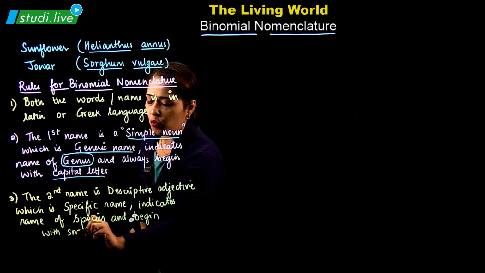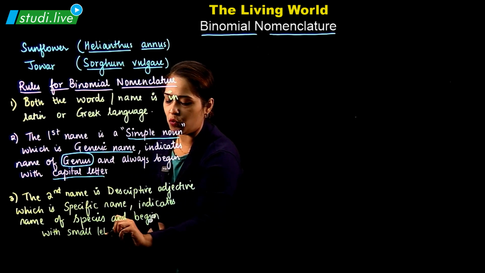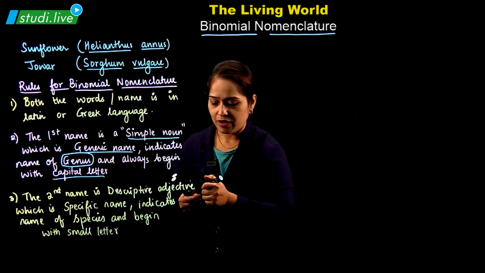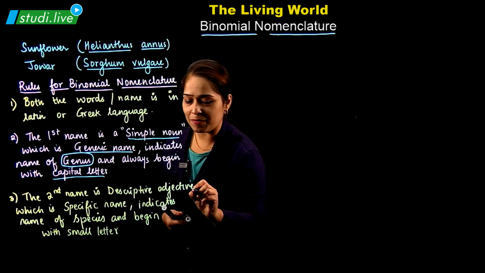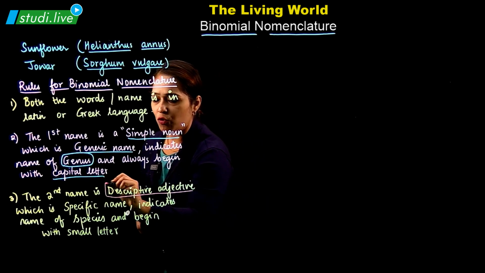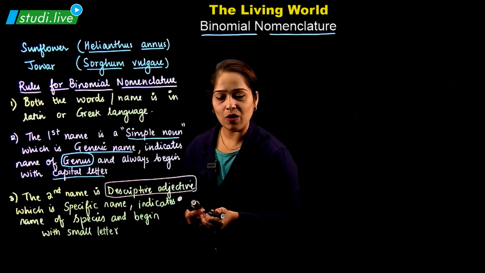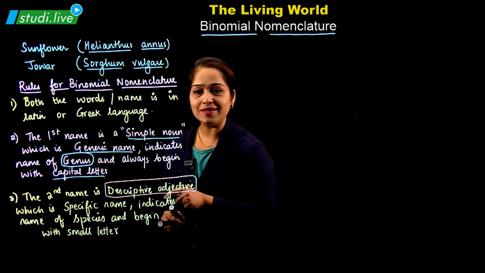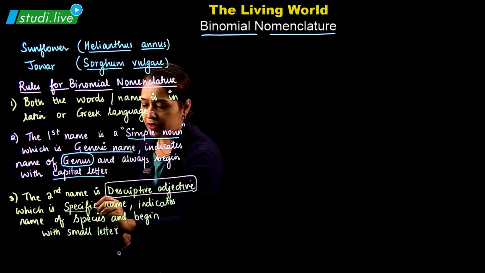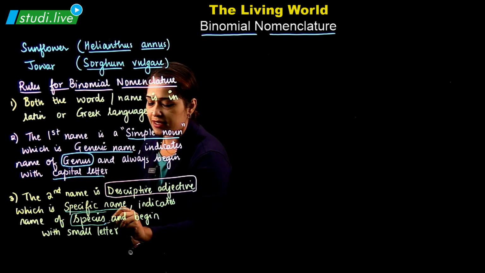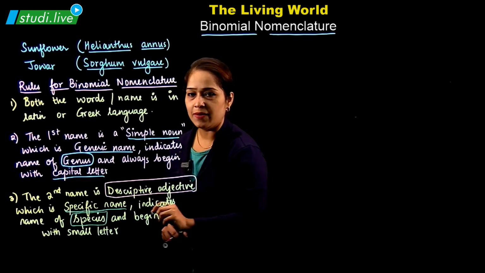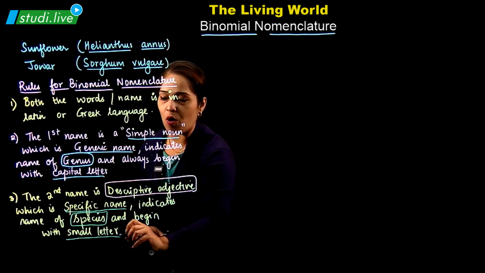So there the rule was capital letter, here the rule is small letter. It is a descriptive adjective, which means a describing word to the simple noun, known as the specific name. This is the most important word, the name of the species, and begins with a small letter.